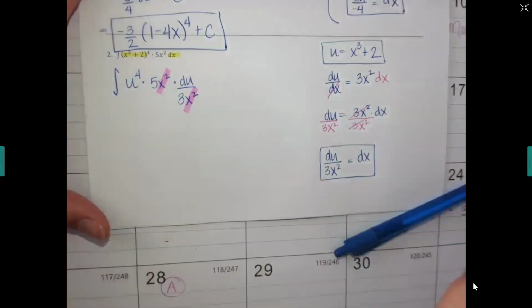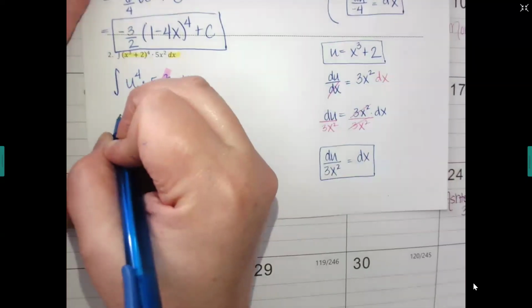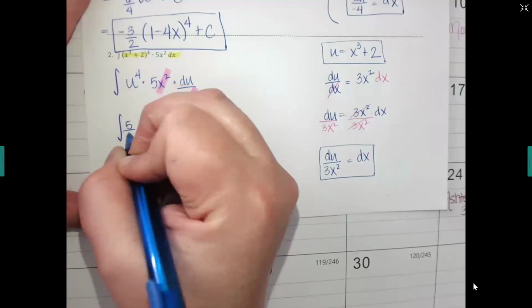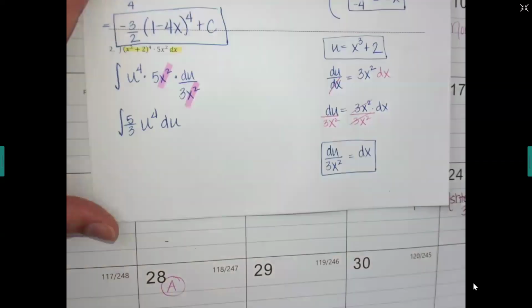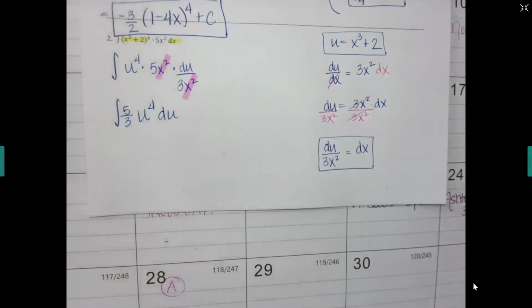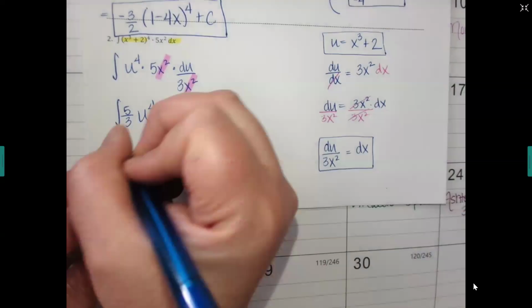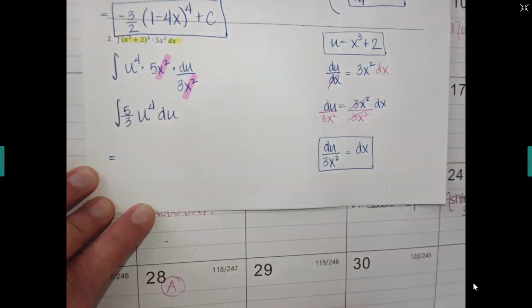Okay, so from here, I'm going to rewrite my integral. It's going to be 5/3 u to the 4th. Okay, and remember, if you have two numbers, either go ahead and divide them, or if you can't evenly divide them, just leave it as a fraction. Okay, we're ready to take the antiderivative. u is to the 4th power.